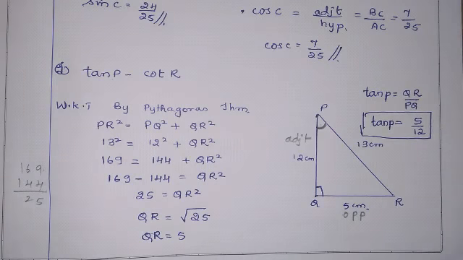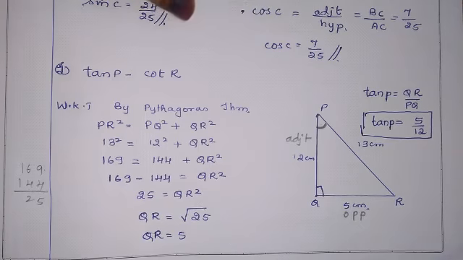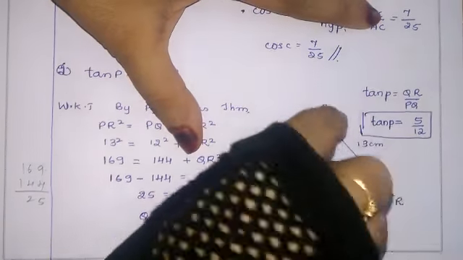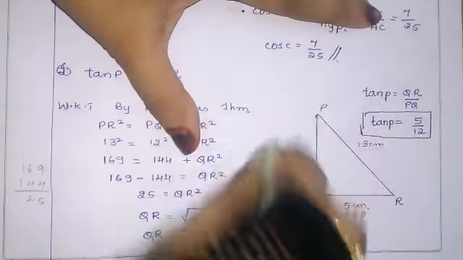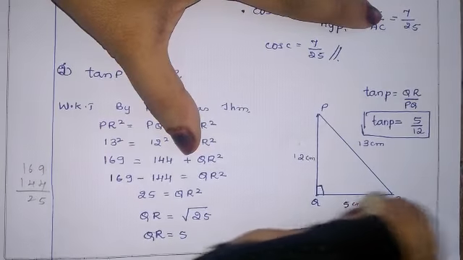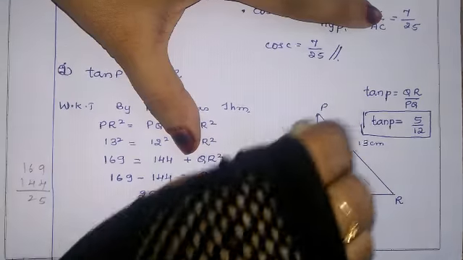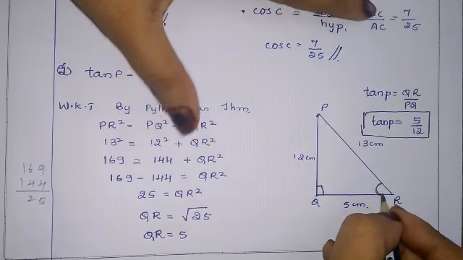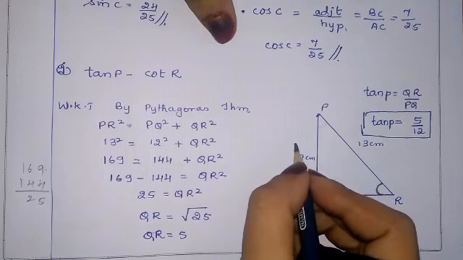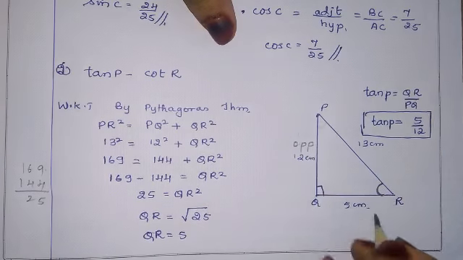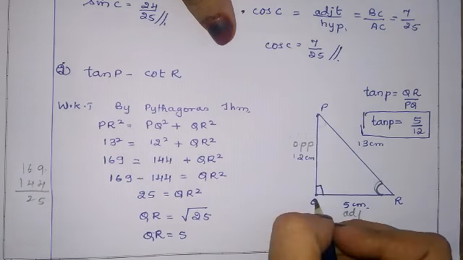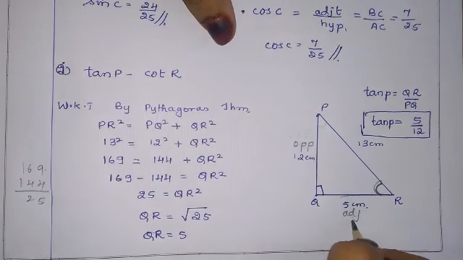Now they have told cot R. R they have mentioned. So I'll erase the P part now, we'll go for R now. So cot R, how? This is the angle now. Angle R, if it is this, then the opposite side is PQ and the angle line side is adjacent.